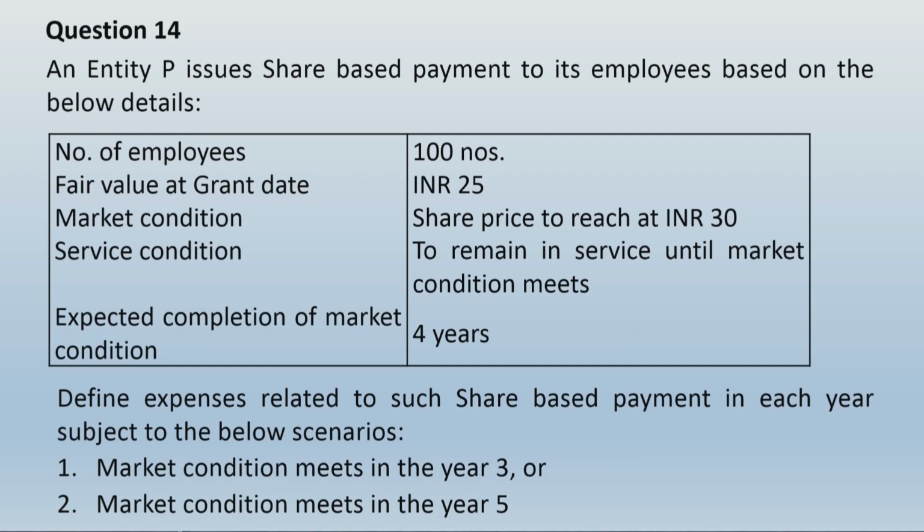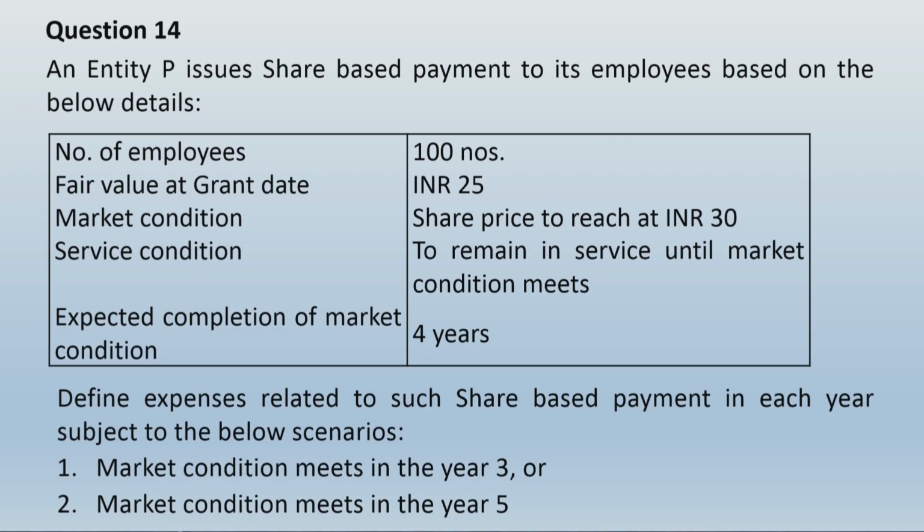Define expense related to such share based payment in each year subject to the below scenarios. Number 1, market condition meets in year 3 or market condition meets in the year 5.